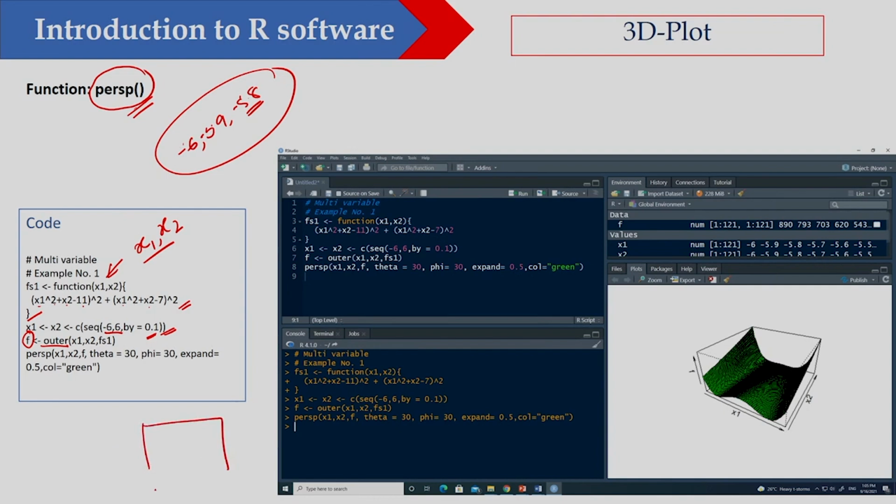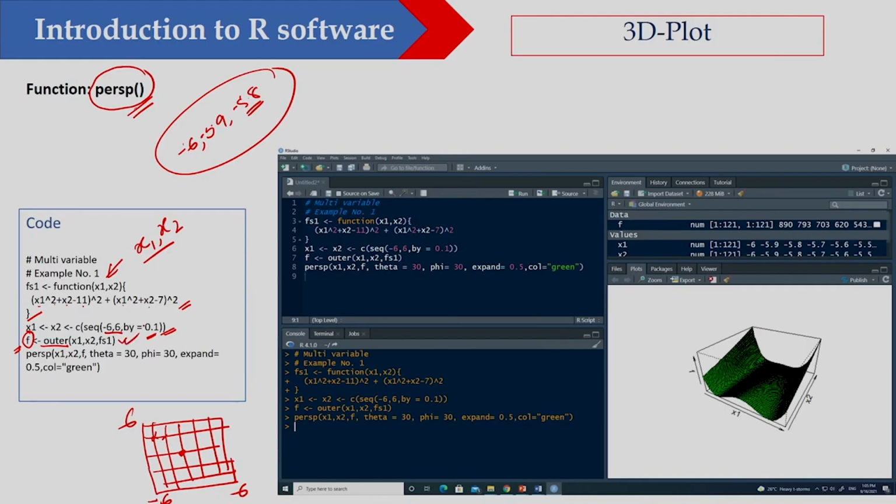That means I am dividing it into a grid, basically. Here it is minus 6 to 6 and here also minus 6 to 6. So, somewhere 0 is here. Now, at each grid point I am calculating the value of f.